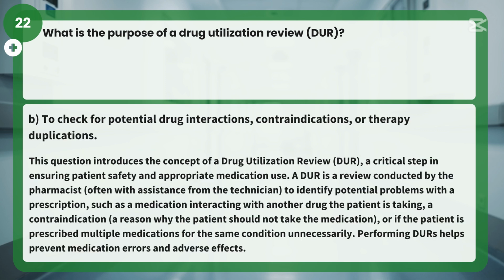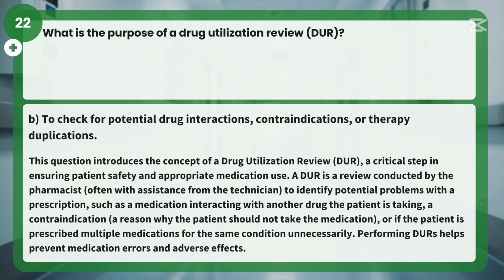Answer B. To check for potential drug interactions, contraindications, or therapy duplications. This question introduces the concept of a drug utilization review, DUR, a critical step in ensuring patient safety and appropriate medication use.